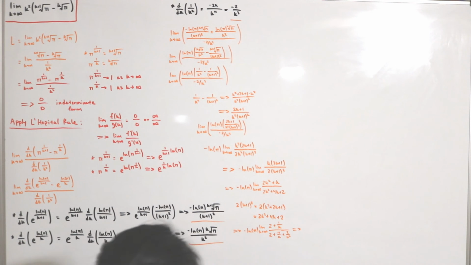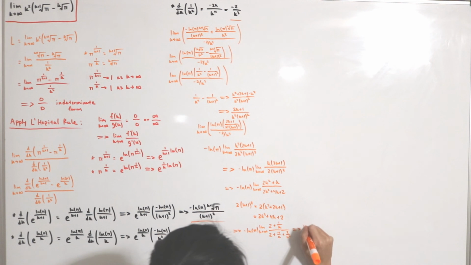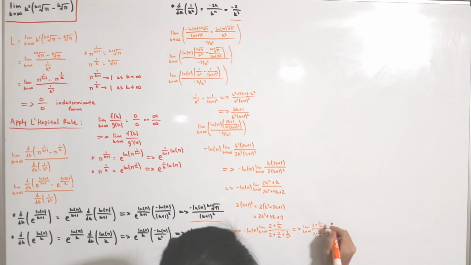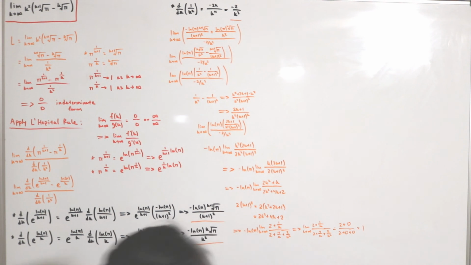Okay, but now notice that if I were to plug in infinity, so the limit as k approaches infinity of 2 plus 1 over k, divided by 2 plus 4 over k plus 2 over k squared, it's just going to equal 2 over 2. 1 over infinity goes to 0, 4 over infinity is 0, and 2 over k squared is 0, and so we get 2 over 2, that's going to equal 1.